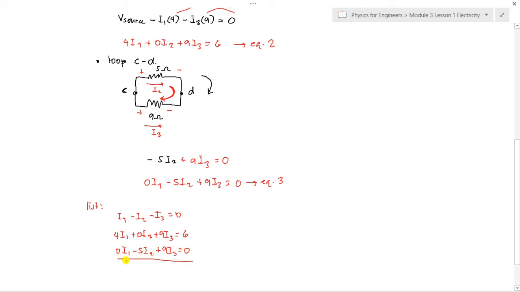So in order to solve for the 3 unknowns here, you can plug them into the calculator, or you can use Gaussian elimination or Cramer's rule. It's up to you, but for me, to make it easier, I use the calculator. This is 3 equations, 3 unknowns solver.